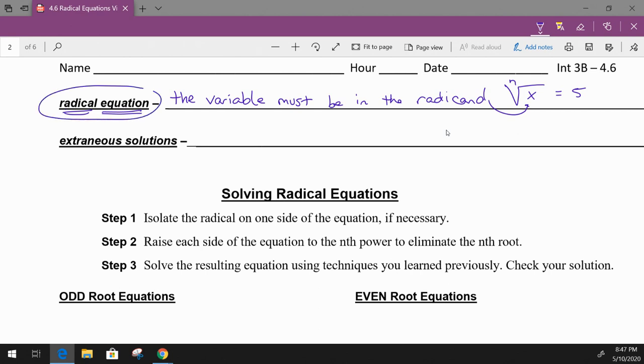When we are solving radical equations, we will also come across extraneous solutions.